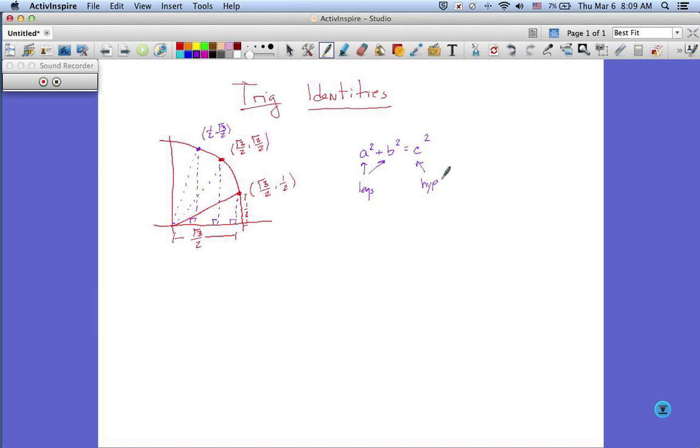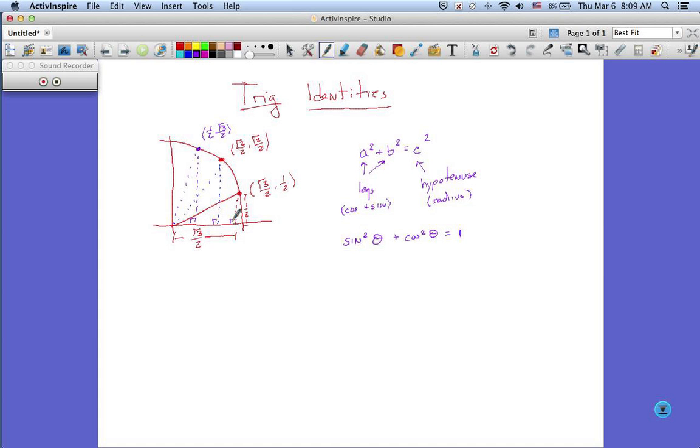The hypotenuse of our triangle, which is inside of a circle, is actually our radius, and our legs are actually our cosine and sine values. So for our purposes, the Pythagorean theorem looks like sine squared of some angle plus cosine squared of that same angle equals the radius squared, which is 1.